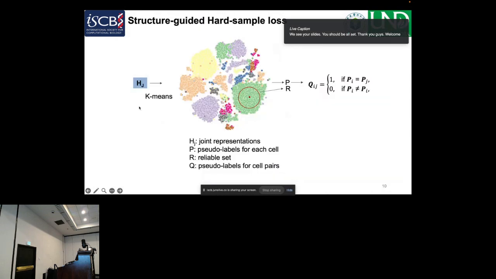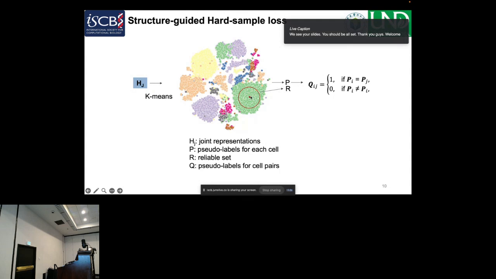The next step is to guide the network to focus on hard samples. First, k-means clustering is performed on the joint representation matrix to generate the initial clustering result, which generates a pseudo-label for each cell.